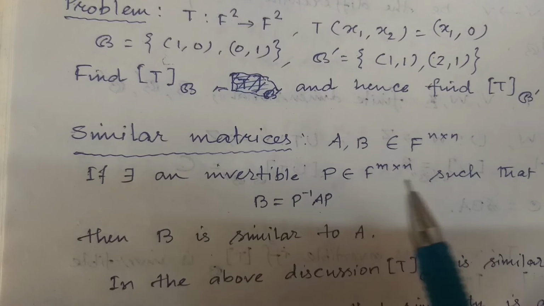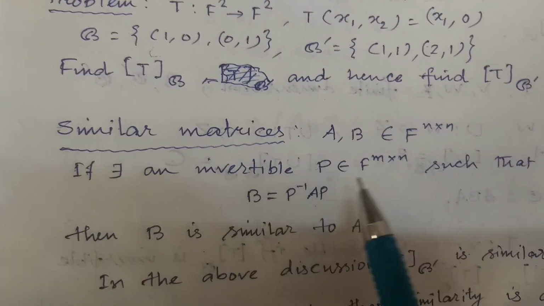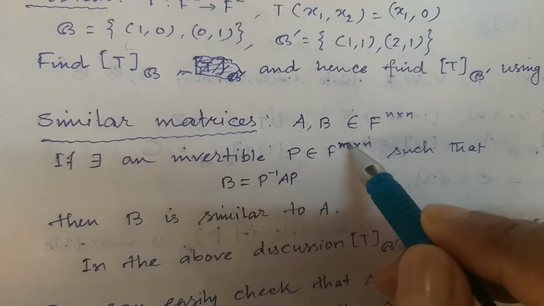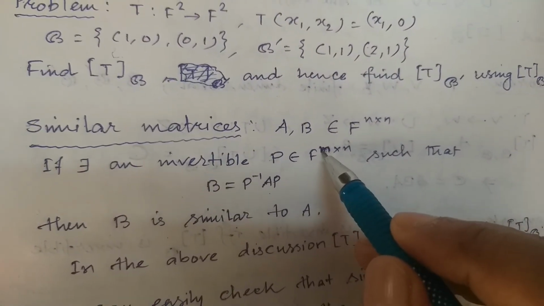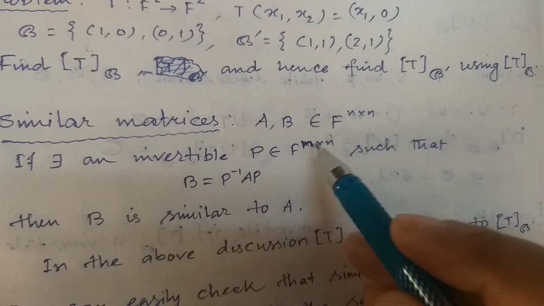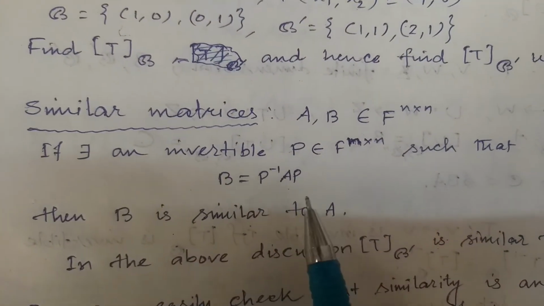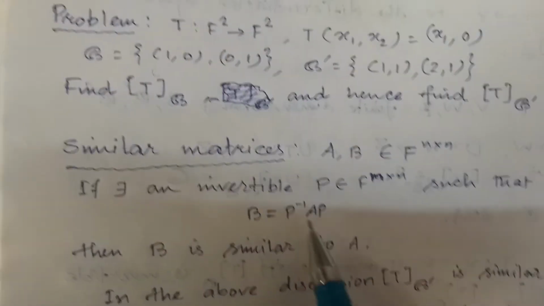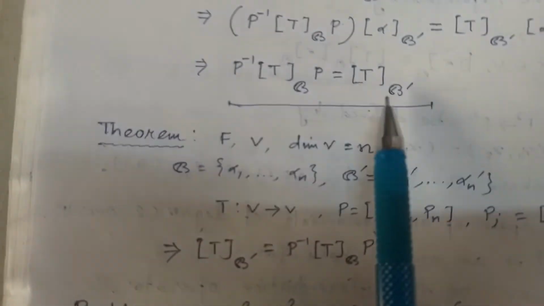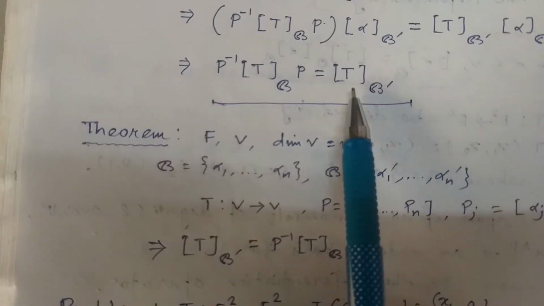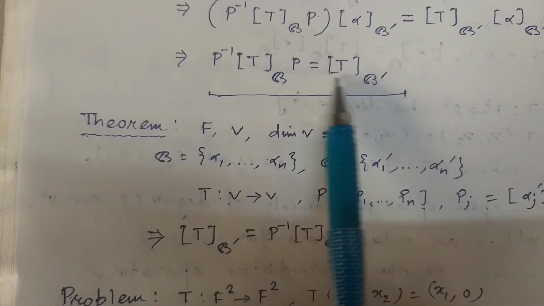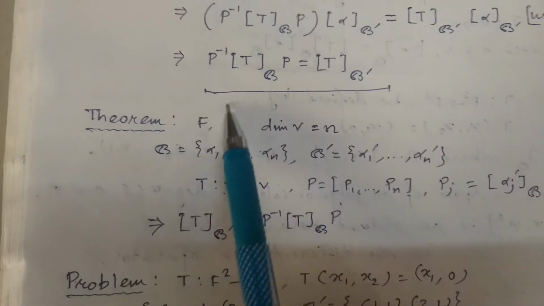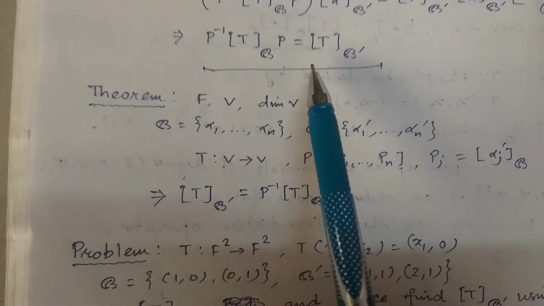If there exists an invertible matrix P such that B equals P inverse A P, then we say that B is similar to A. So from this definition we know that the matrix of T with respect to B dash and the matrix of T with respect to B are similar, because there exists an invertible matrix such that we can write it in this way. So the relation is similarity.